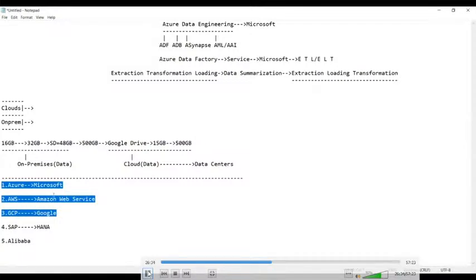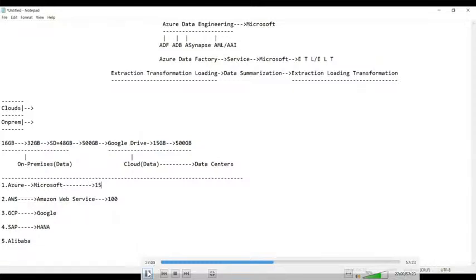Amazon was number one before. Now it has come down to the second position, and you can say even to the third position. Why? Amazon is more costly. The job which you do here requires 100 rupees. Suppose the same service is provided by Azure for 15 rupees.